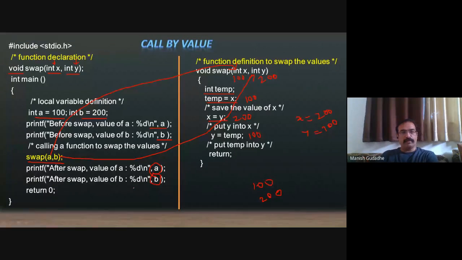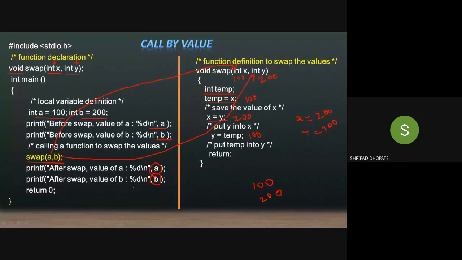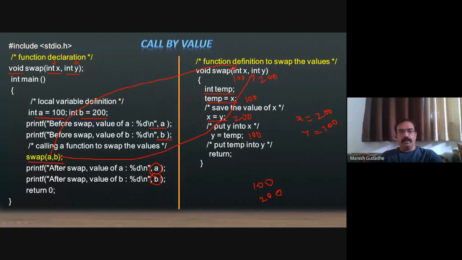What will be the value of A and what will be the value of B? Value of A is 200 and value of B is 100. Does everyone agree with this?